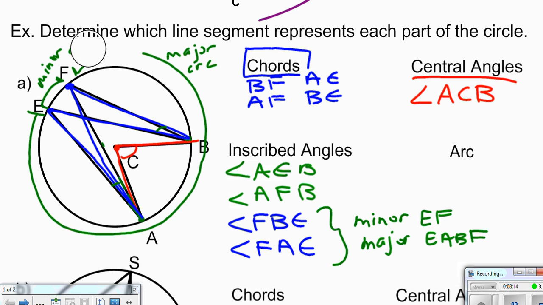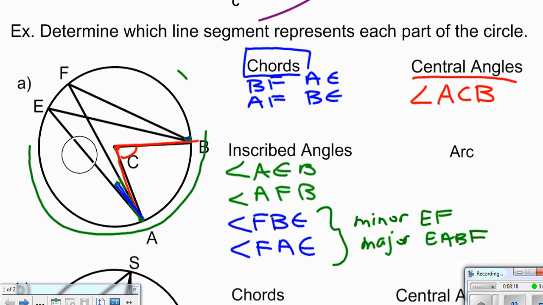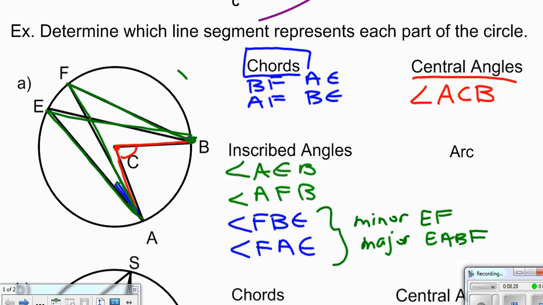I'm going to erase this arc just to kind of make things a bit more clear. So if we're looking at the central angle, and if we're going back to these inscribed angles, they all start on A and end on B, or start on B and end at A. And so the arc that they have, the minor arc, is arc AB.